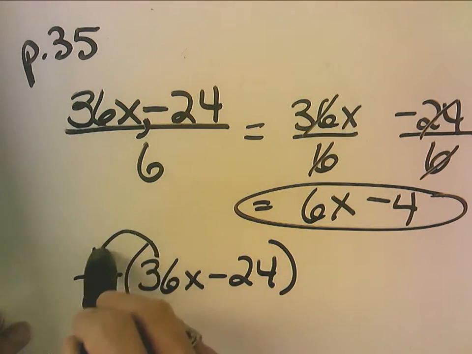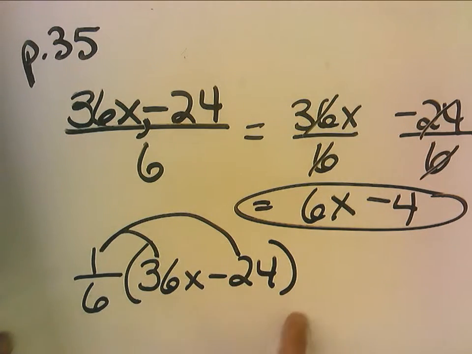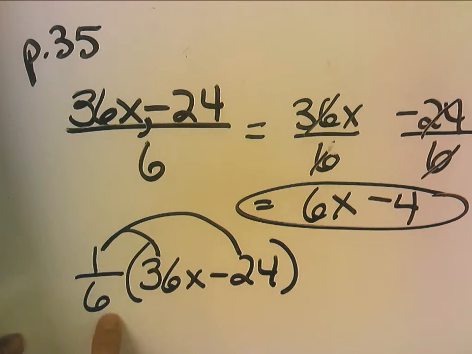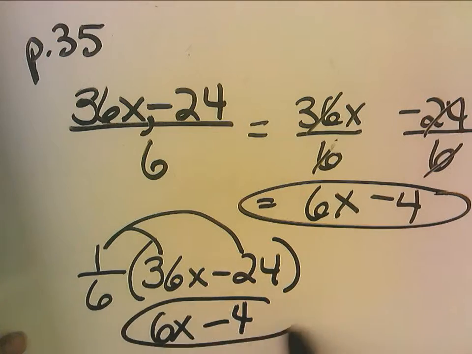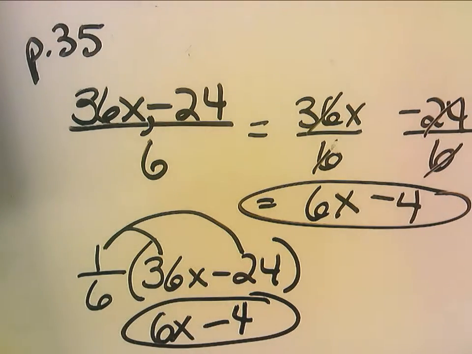And then I'm going to distribute 1/6 to each term. In effect, you're doing the same thing. You're saying 36x divided by 6 is 6x, and negative 24 divided by 6 is negative 4. But you can view it however you like.